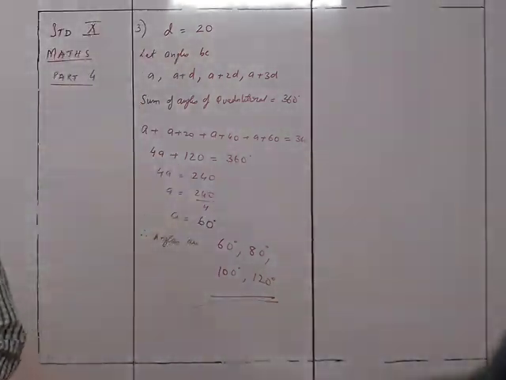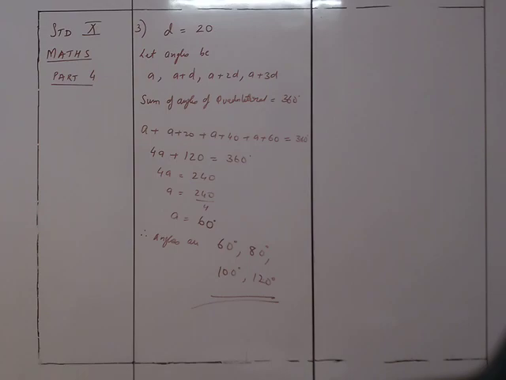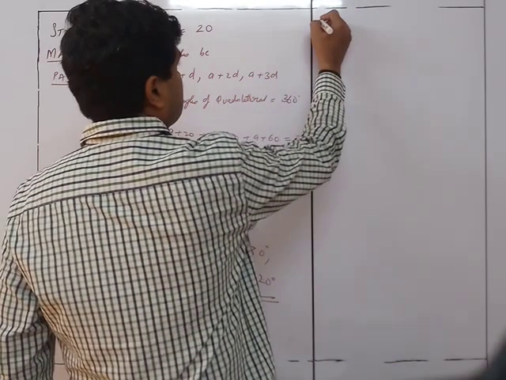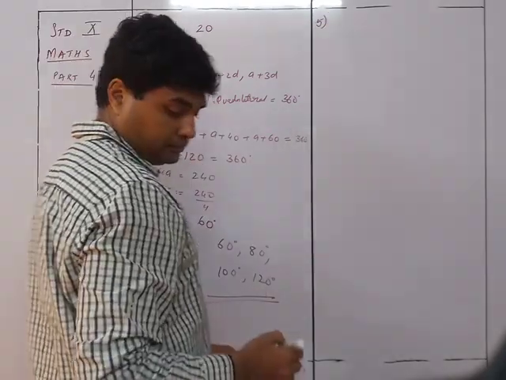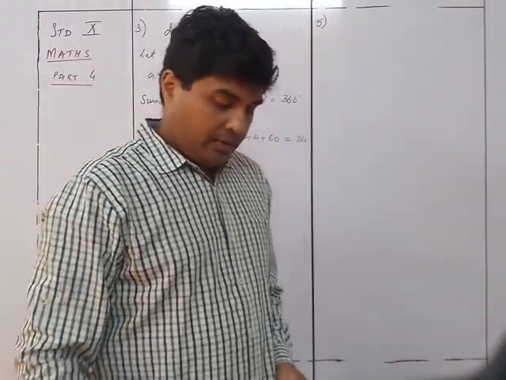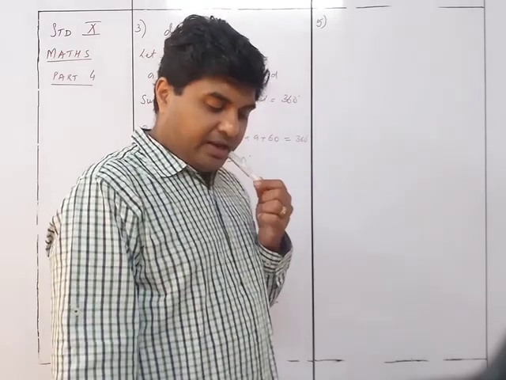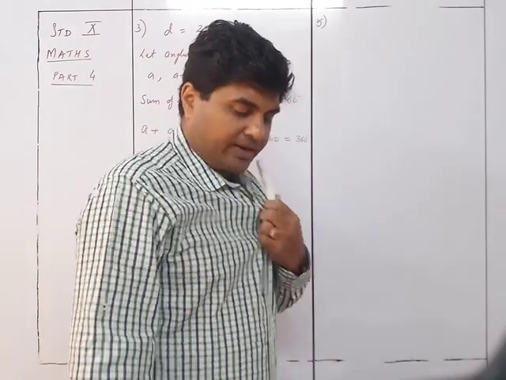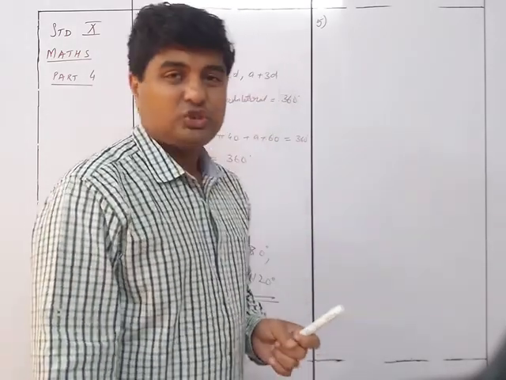We now move on to sum number 5. Find 5 numbers in AP whose sum is 12 and the ratio of the first to the last term is 2:3.